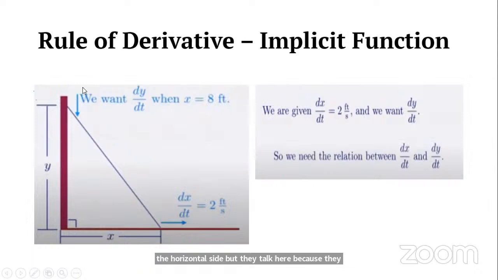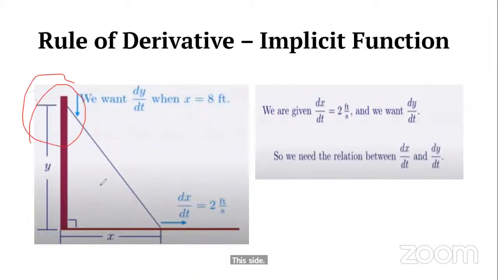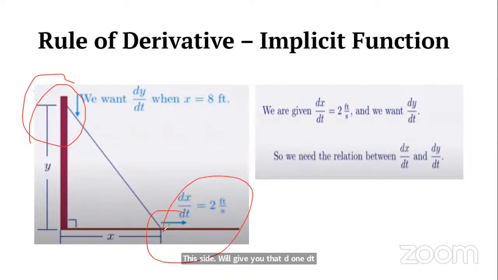Because if the thing is moving downwards, that one too is occupying a distance, and the distance that is occupying is with respect to time. So this side will give you dy dt, and this side will give you ds dt. Are we all okay?